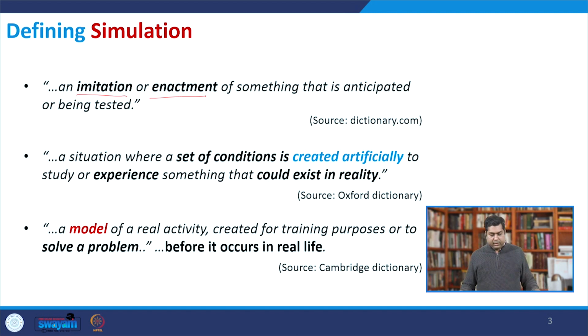The Oxford Dictionary definition says simulation is a situation where a set of conditions is created artificially to study or experience something that could exist in reality. So that is almost like creating the real environment but in an artificial way.